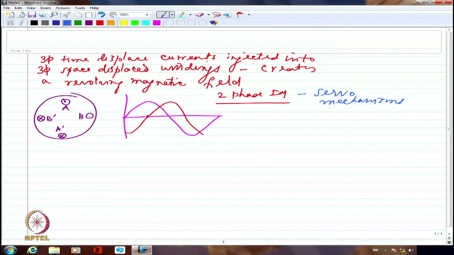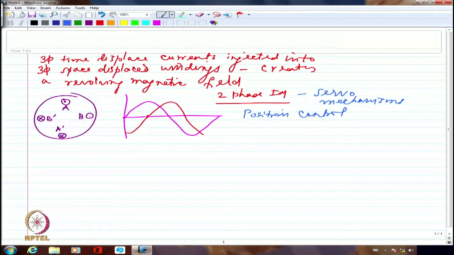So that magnetic field is the one which is the root cause for the induction of the torque ultimately. So it will be a steady value basically, because the flux value is a constant value because of which everything ultimately becomes steady, right? So this is used in something called servo mechanism. Servo mechanism is mainly for position control.